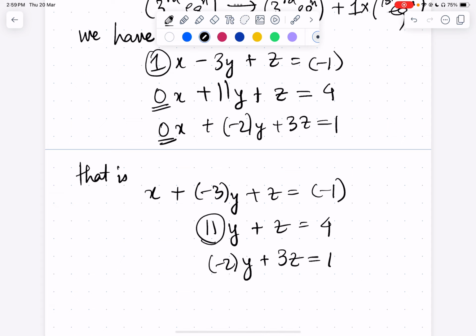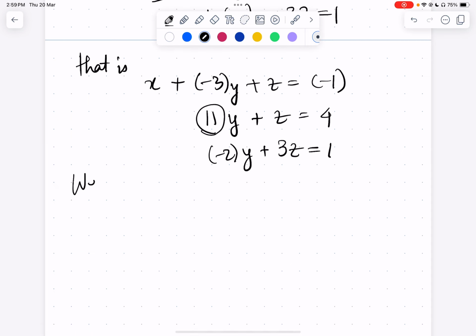Now we can focus on the 11. The strategy is, we now solve the last two equations.